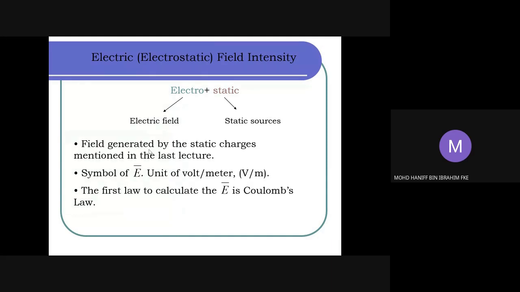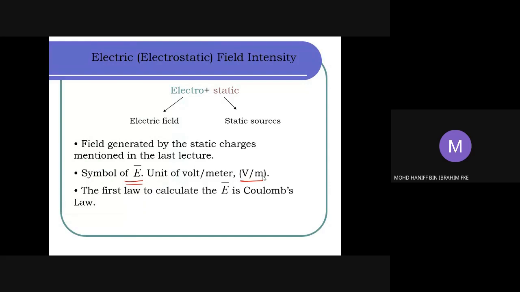Normally we represent the electric field intensity as a vector E. A vector E will represent the electric field intensity, and the unit for this E field is volt per meter. I hope that you understand the E field intensity.